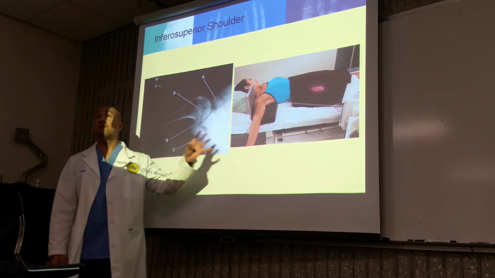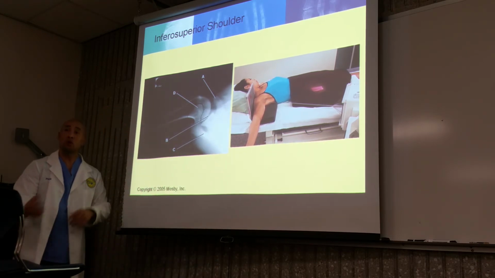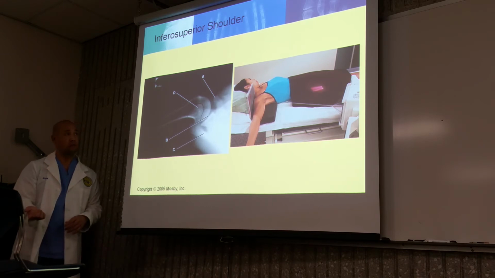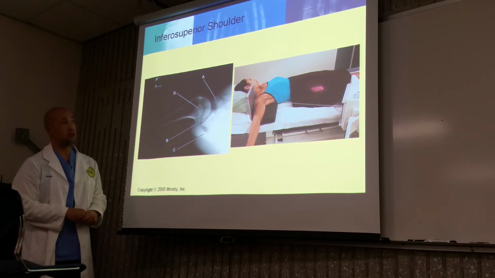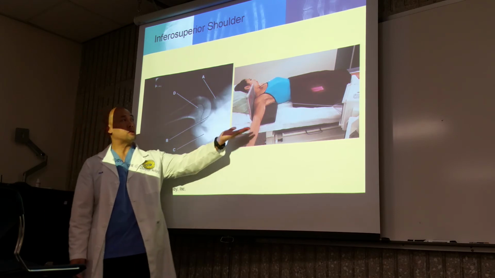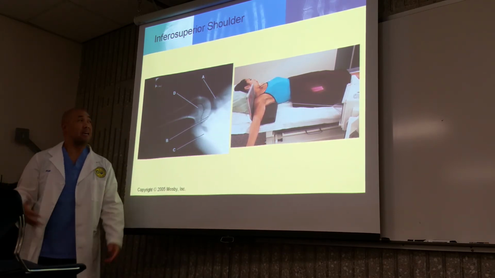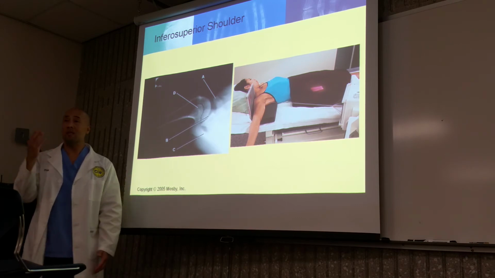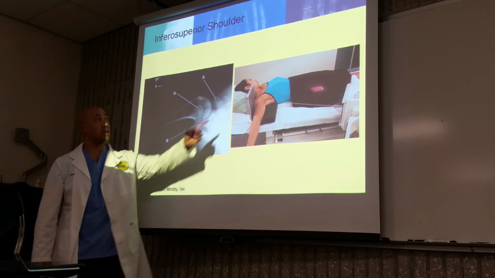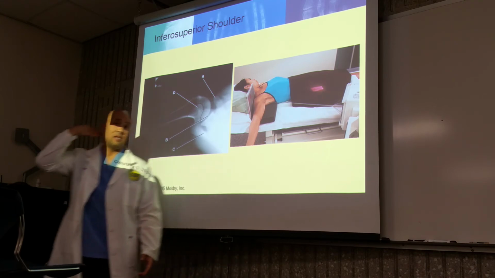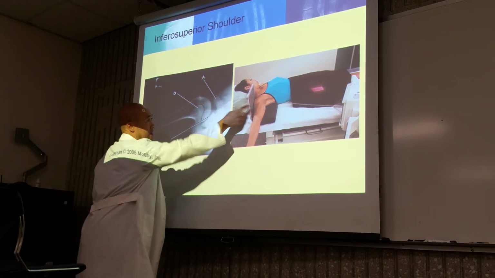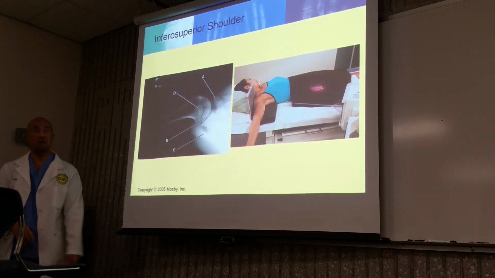This is a little bit tougher to do, so I'll show you optional views. Here you have the patient lying on their back. You prop the shoulder up, and the cassette has to be placed by their neck. Not only is it difficult, but it can also be very painful because you're pressing the edge of the cassette on their neck to try to get the head of the humerus in view.